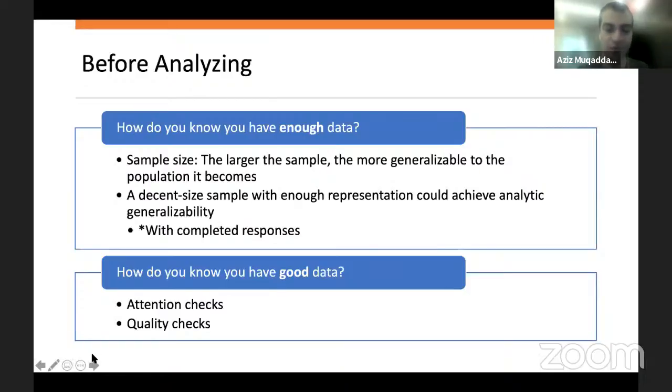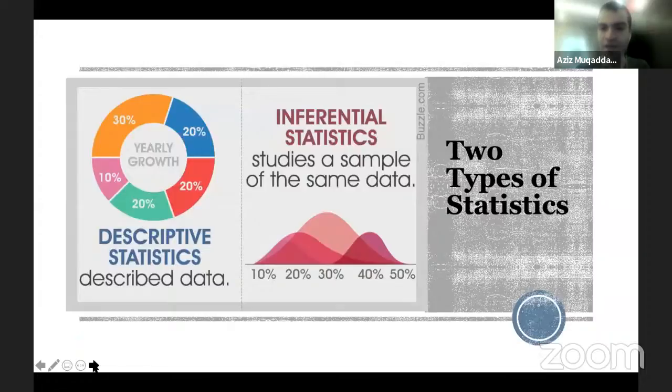That way you know that people are actually taking your survey and not just arbitrarily completing it. So that's before you do anything with the survey. Now, with the survey results analysis, we are actually going to talk about statistics, which is what we're here for.